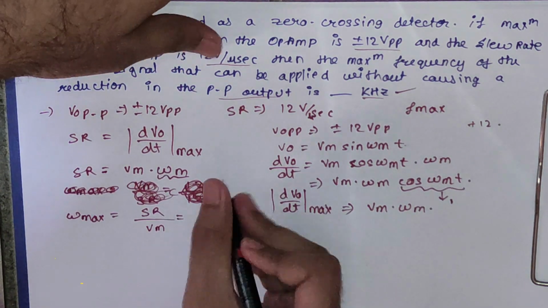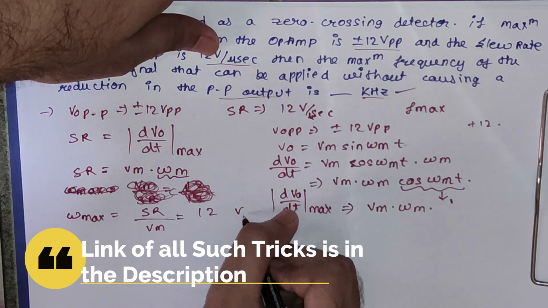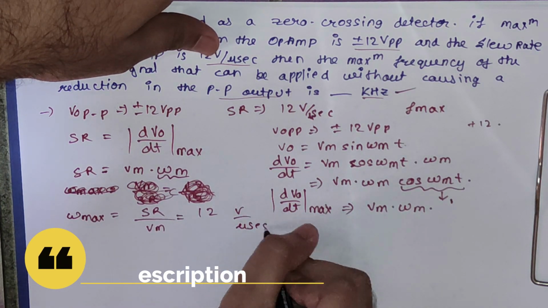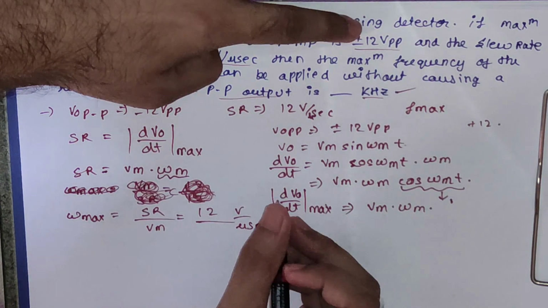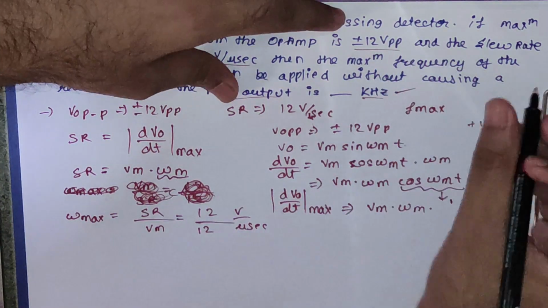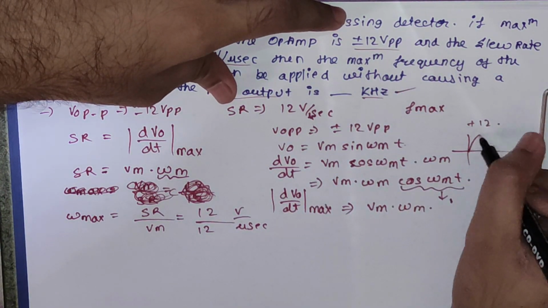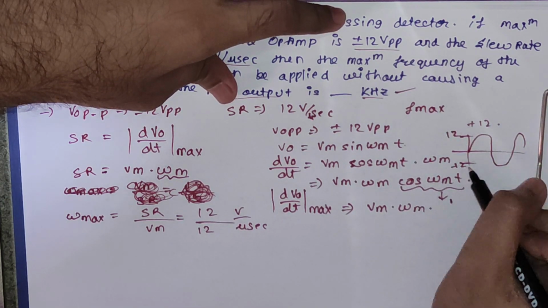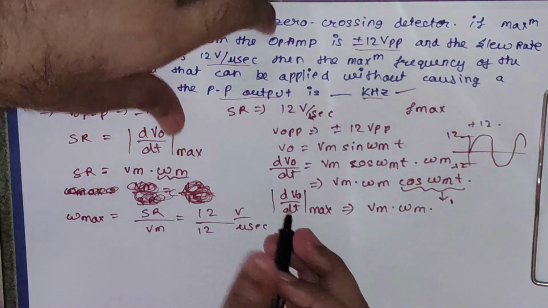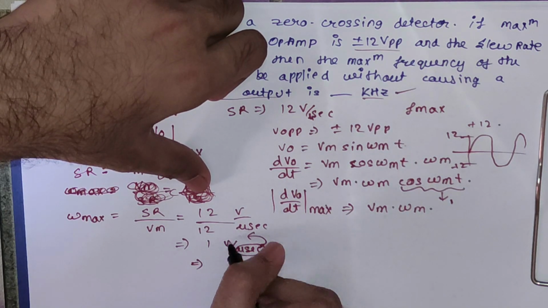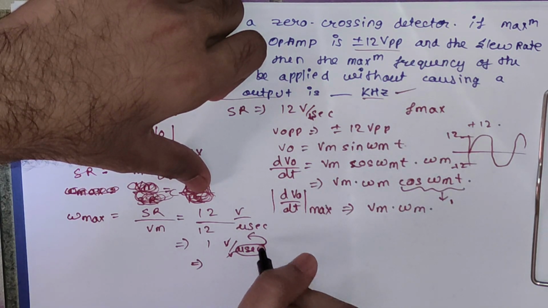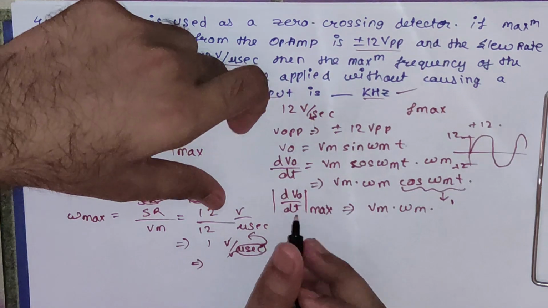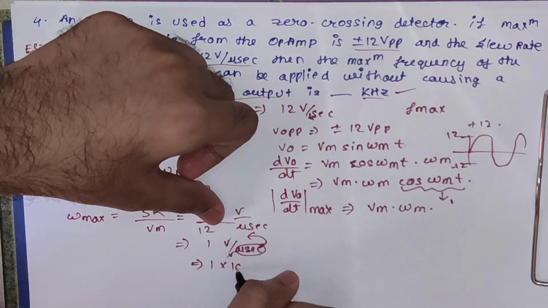Slew rate is given as 12 volt per microsecond, upon Vm, which is 12 here. Since it is 12 volt peak to peak, this is plus 12 and this is minus 12. This is what peak to peak means. Now the volt gets cancelled, and if you take the microsecond into the numerator, you will get 1 into 10 raised to 6.